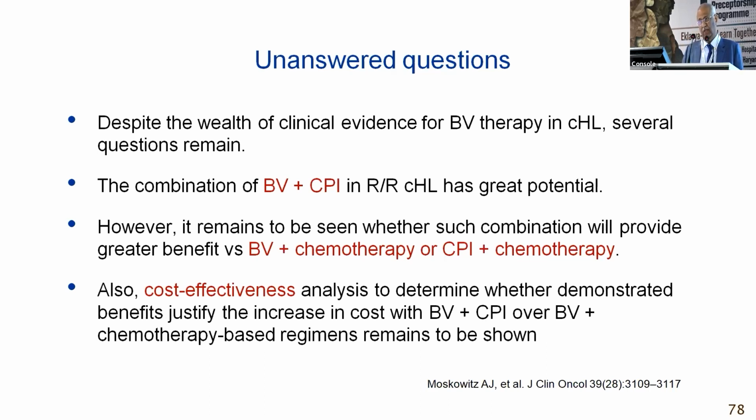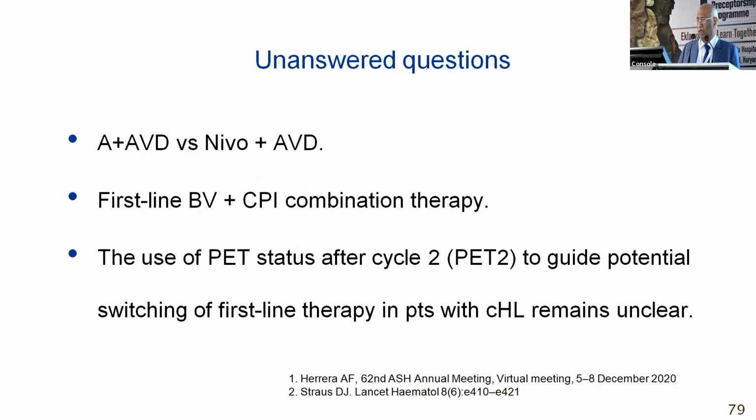The moment you come out of chemotherapy, these are all expensive molecules. Same thing over here, AAVD versus Nivo. When you say that you'd like to use A in place of Bleo, why not a checkpoint inhibitor? And same thing about first line, BV with CPI: we don't have enough data at the moment.